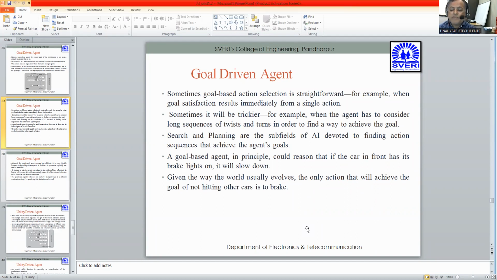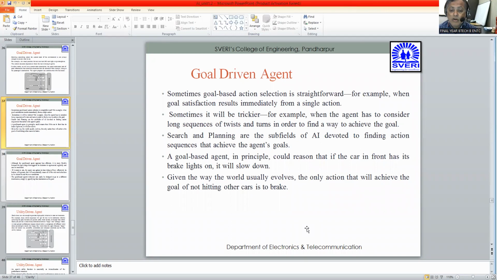These are nothing but the subfields of AI, and that will be helpful in order to achieve the agent's goal. A goal-based agent in principle could reason that if the car in front has its brake light on, it will slow down.